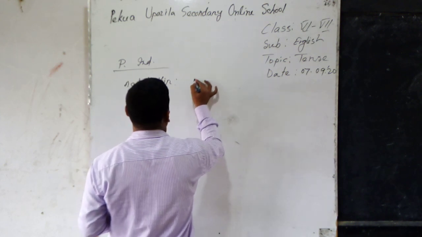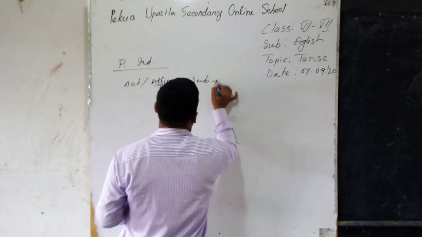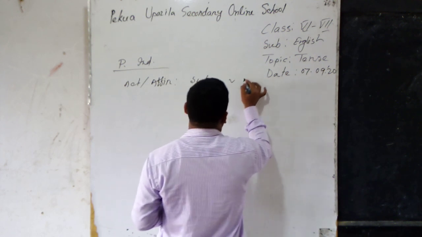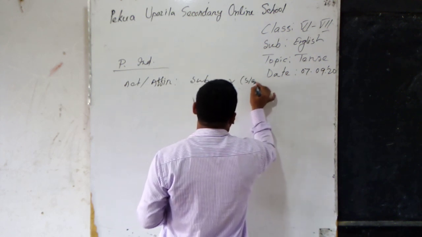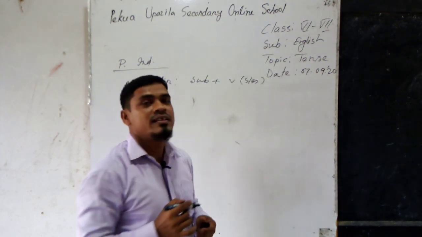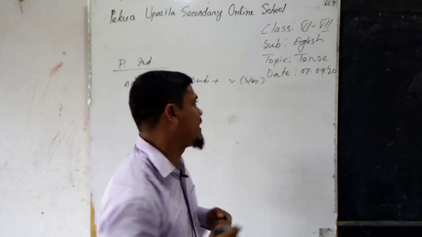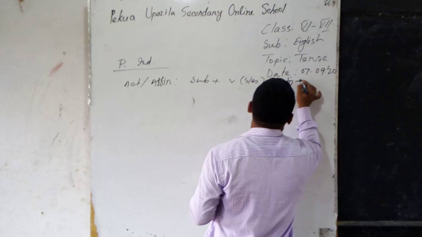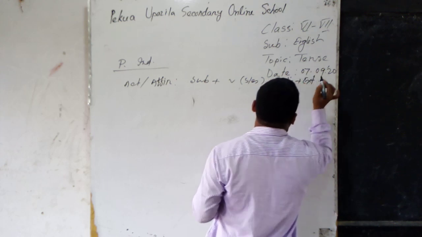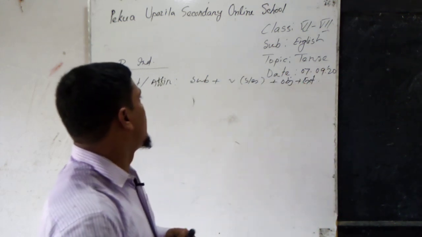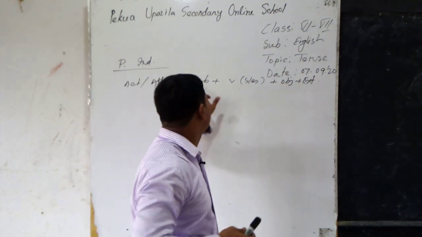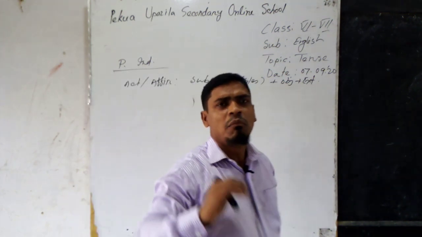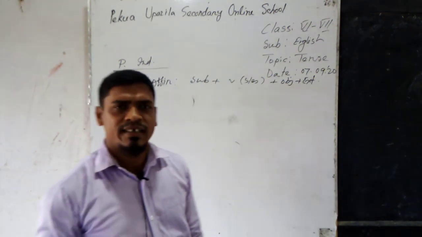Active structure we generally do: subject plus verb, with s or es when the subject is third person singular number, then object, then extension. These parts, subject, verb, object, are the main parts of the sentence.